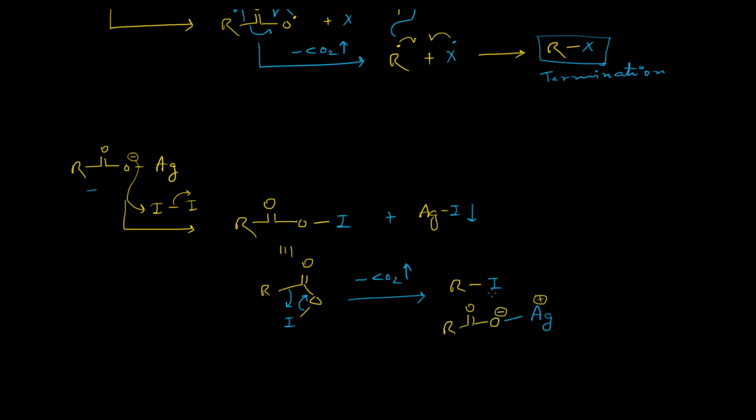We all know that iodine is a very good leaving group, so as soon as this alkyl iodide forms, this carboxylate will attack this alkyl iodide, and the iodine will release as I minus, and it will be captured by the silver ion present in the reaction medium, and eventually we will get the corresponding ester as the final product along with the formation of silver iodide.